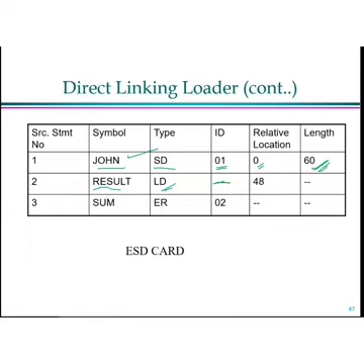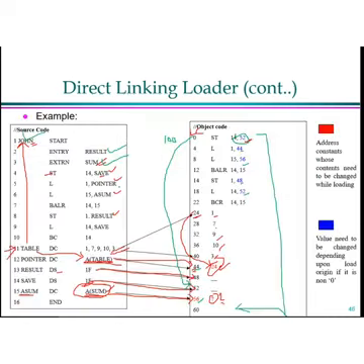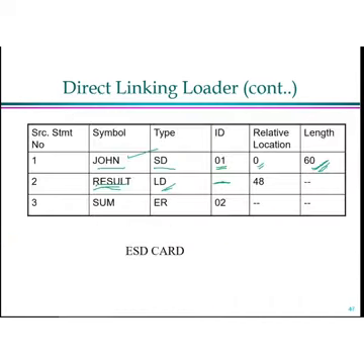No issues. And what is the relative address of this result variable? So look at the previous slide. Result is available at location 48. So this relative address, the location counter value of the result variable, I am keeping here as relative location 48. And if you remember my explanation, the symbol with type LD and ER will not have any length. So the length field is blank for this result.